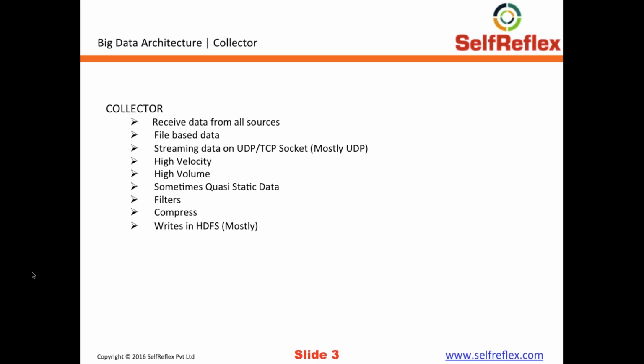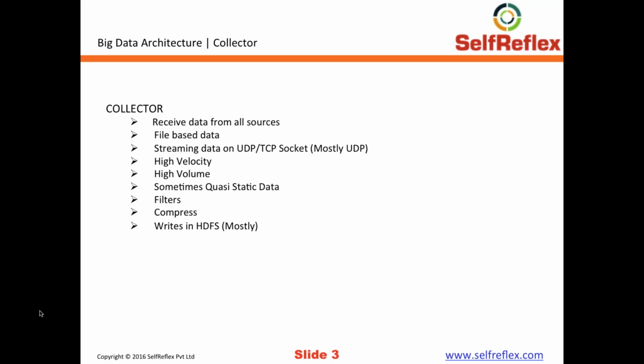Then, how can you receive this data? This data can come as file-based data, or it can come as streaming data over a UDP or a TCP socket. Generally, UDP is preferred because it is less costly, and given the data is coming at very high velocity and high volume, you would like to use UDP to avoid the TCP overheads.